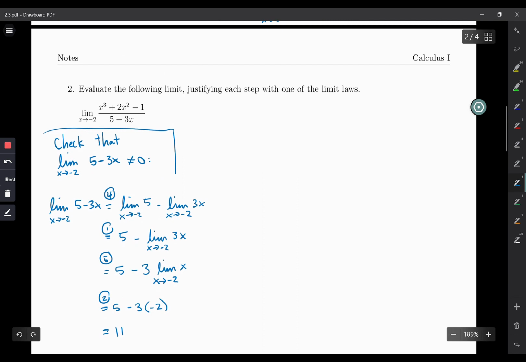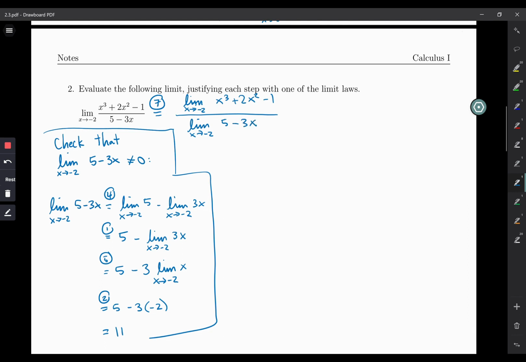So that means that up here we can go ahead and use our division rule. So that should be number 7. And so that law tells us that this is equal to the limit as x goes to minus 2, so I'm going to mark that off, of x cubed plus 2x squared minus 1 over, okay, and then we already computed the bottom limit, so I'm going to go ahead and write that in.